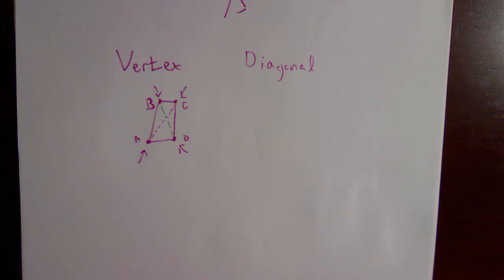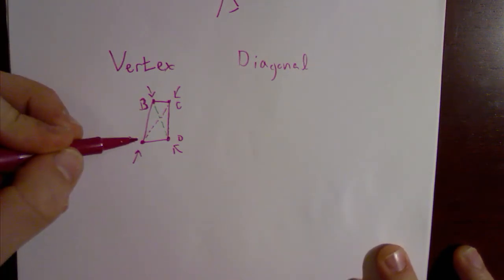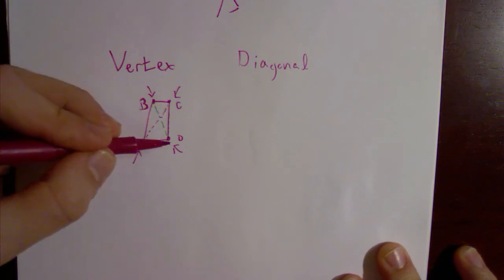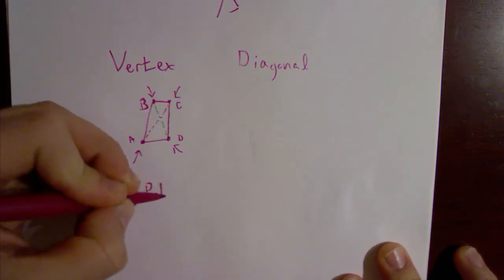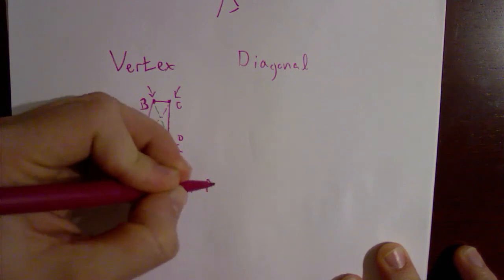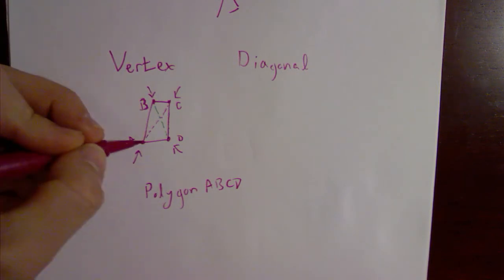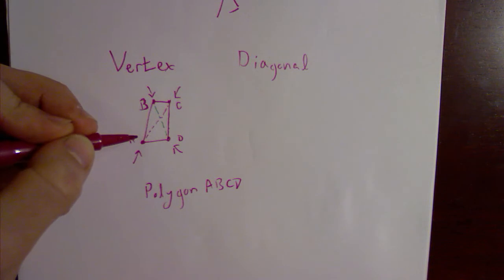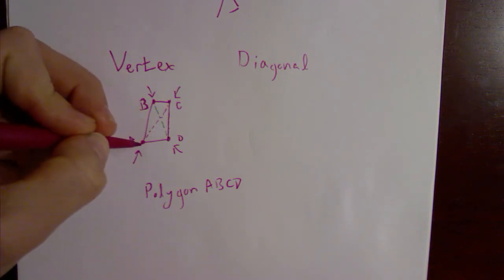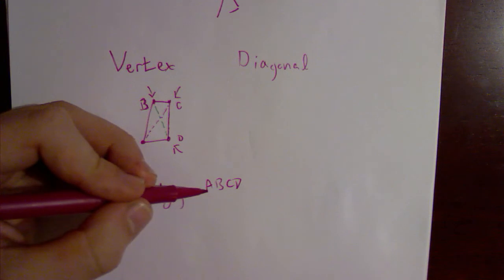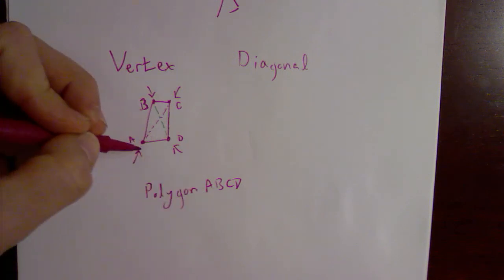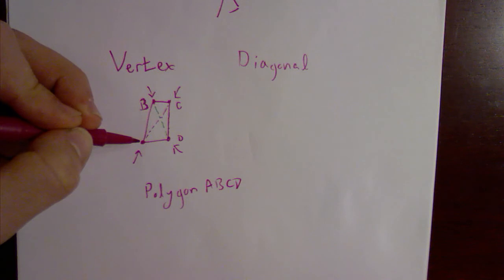Next, let's talk about how to name polygons. So I have polygon A, B, C, D here. So I can call this polygon A, B, C, D. You name polygons the exact same way that you name angles. You take the points that make up your figure, and as long as when I say those out in the order that you give me for the name, that draws the exact same polygon that we're talking about, then that's an okay way to name my polygon.